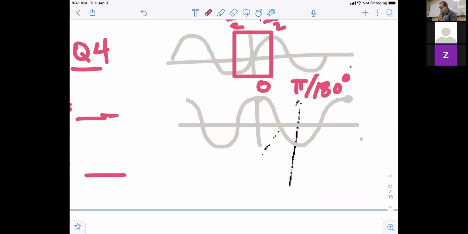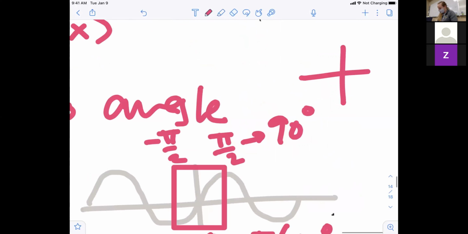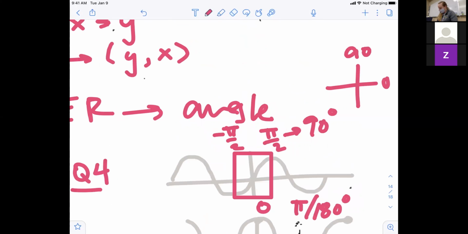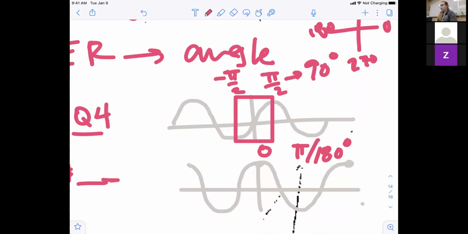Technically, if you're thinking about quadrants 1, 2, 3, and 4, I'm in all 4 of them right here, right? Because it doesn't matter about quadrant there. When we talk about quadrants, we're only thinking about the unit circle where I'm going from 0 to 90 to 180 to 270. Those are the quadrants I care about. This is just a general sine graph. This is just a general cosine graph.